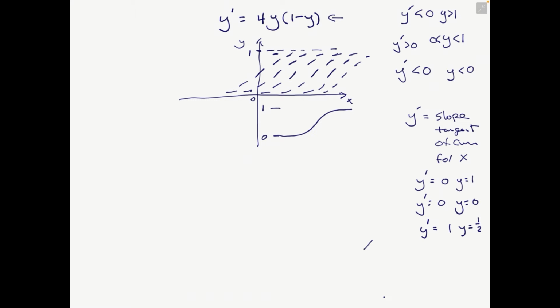And if we create what we call a directional field, this is a directional field of tangent points, we are able to get information about the function, namely that it takes that form, and the inflection point is at y equals 1/2, with y equals 1 and y equals 0 as the limits.